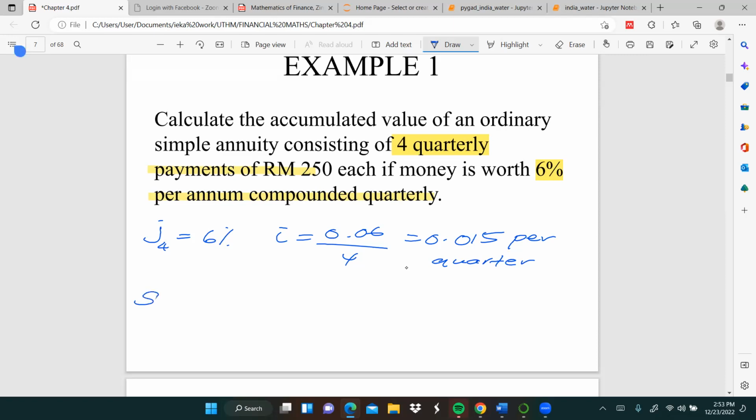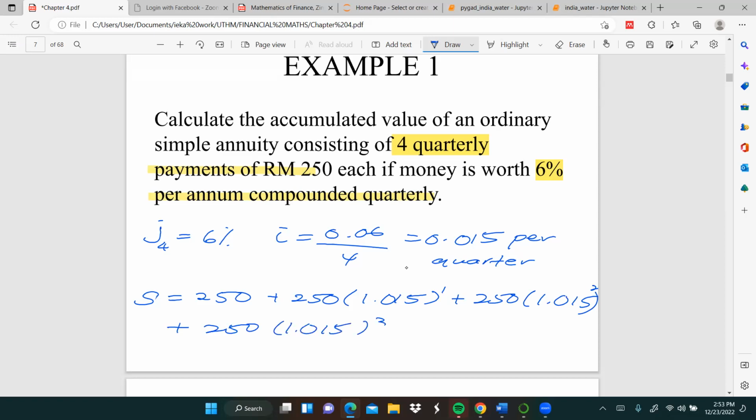So we have 250 plus 250 times 1.015, plus 250 times 1.015 to the power of 2, plus 250 times 1.015 to the power of 3.